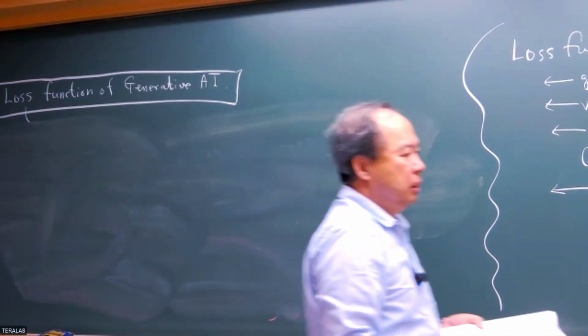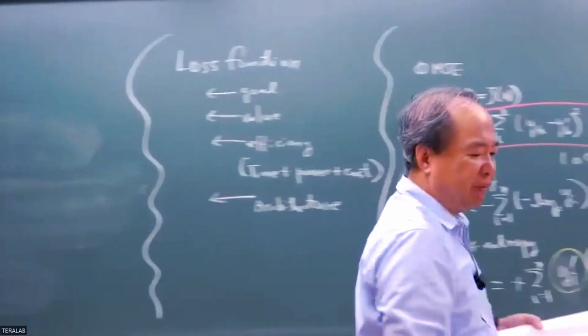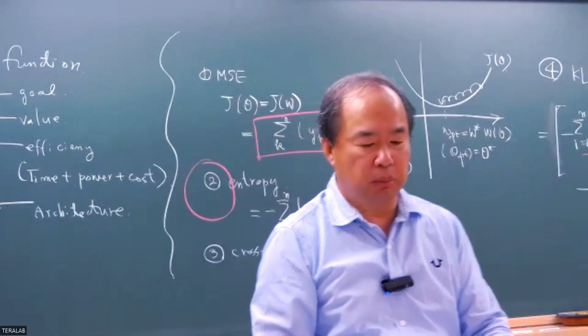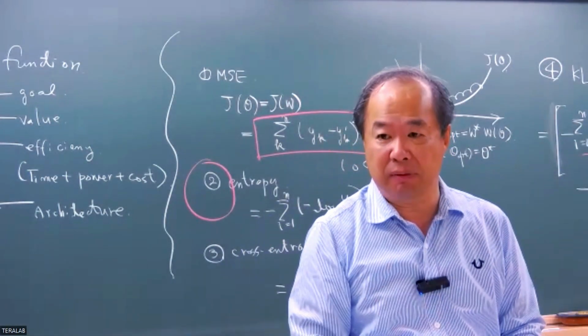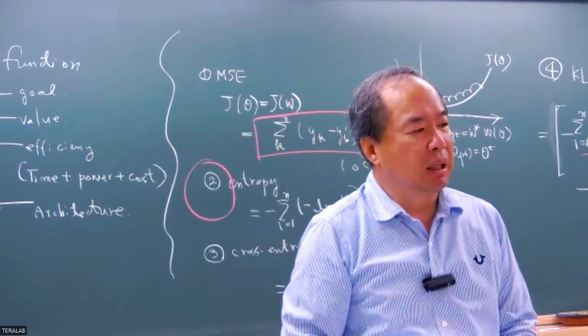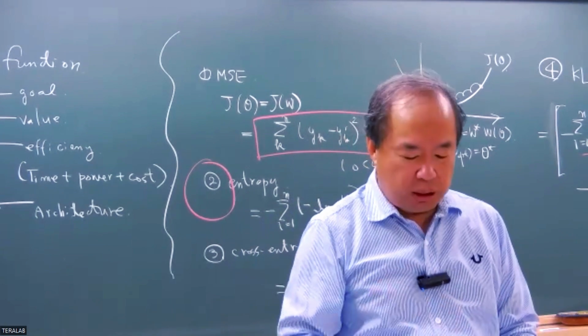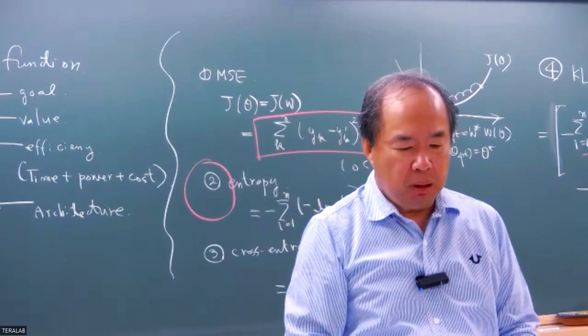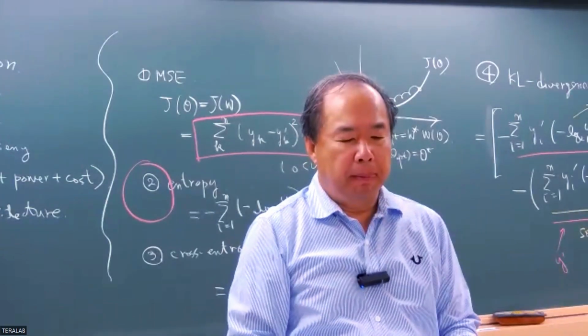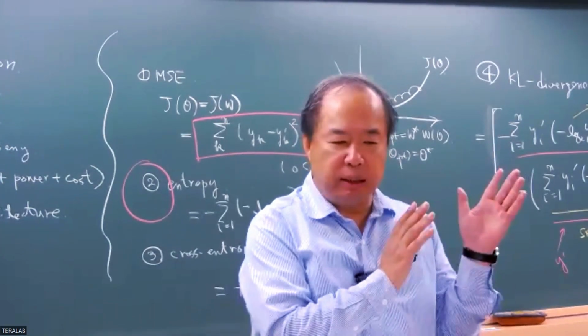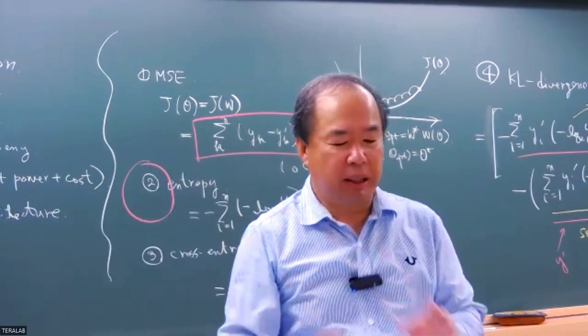I said this KL divergence entropy loss function is more targeting for efficiency, higher efficiency, and fast training process. I told you that I have 2 phases, human phase and generative AI phase.